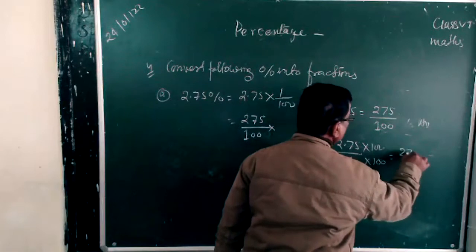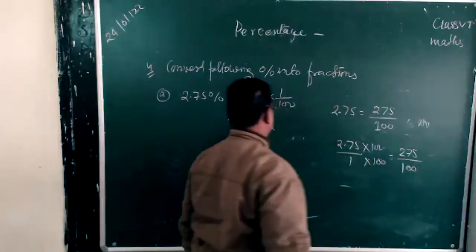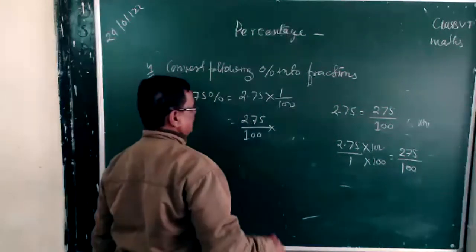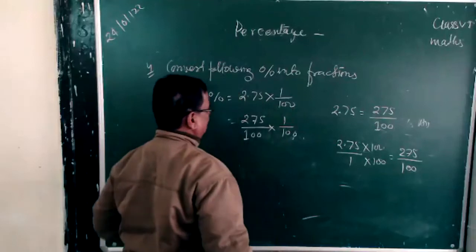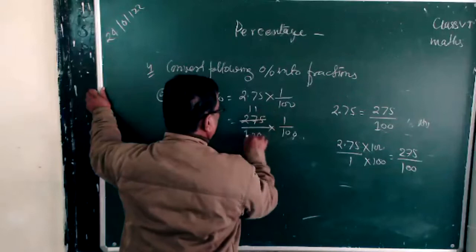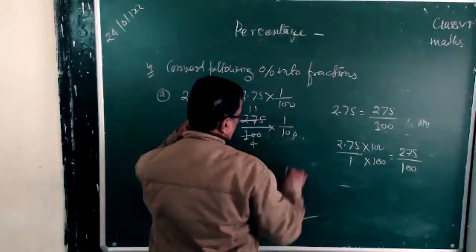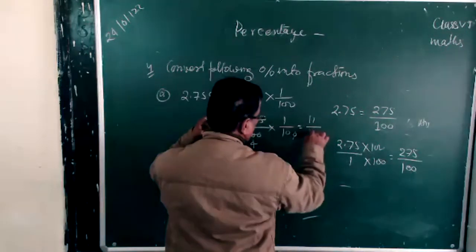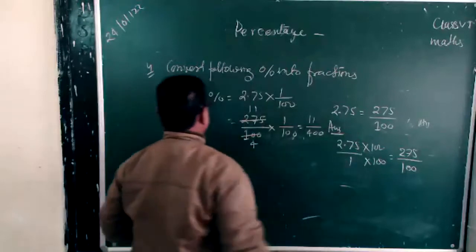That is 275, and down 100. Cut by 25 one time, and this is 4. 100 cut by 25 is 4, and that is 11 by 400. This is the fraction. This is the answer.